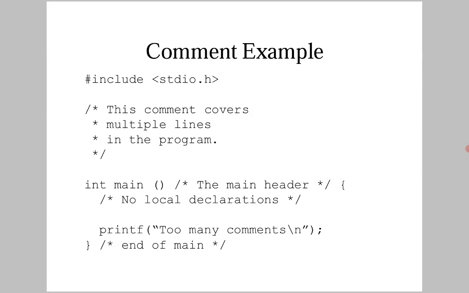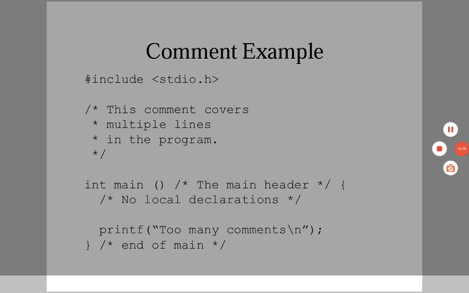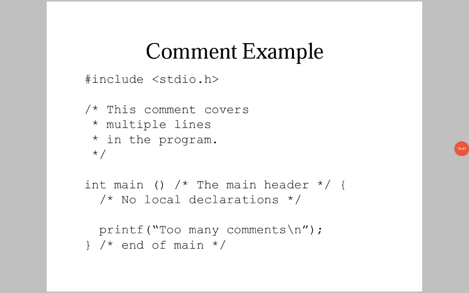So, comment examples. How to write comments in a C program: hash include stdio.h, slash star, star slash, int main, brackets, some statements, bracket close. The first bracket is used for the beginning of the program, and the last bracket is used for the end of the program.